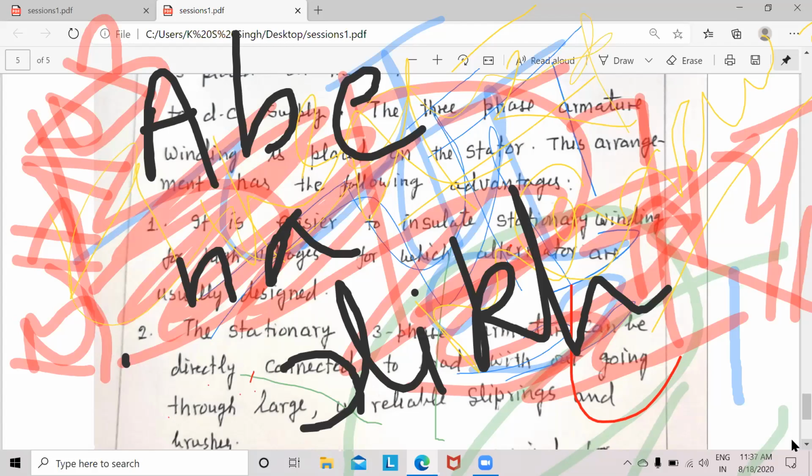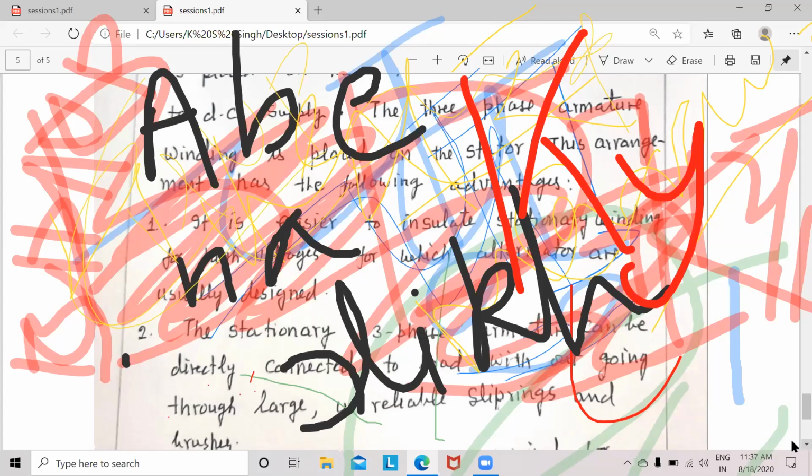The sparking will occur between the slip rings and the rotor. To avoid this sparking, taking the connection from a stationary position is easier. Due to these reasons, in the case of a synchronous generator, we provide the armature winding at the stator.